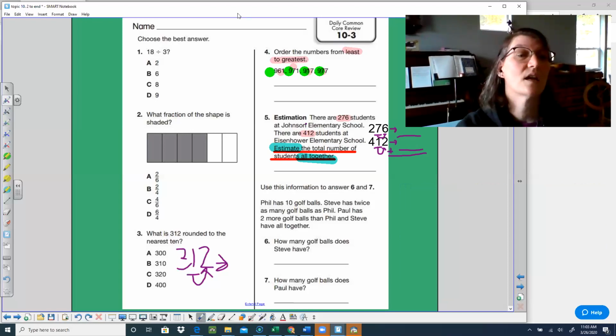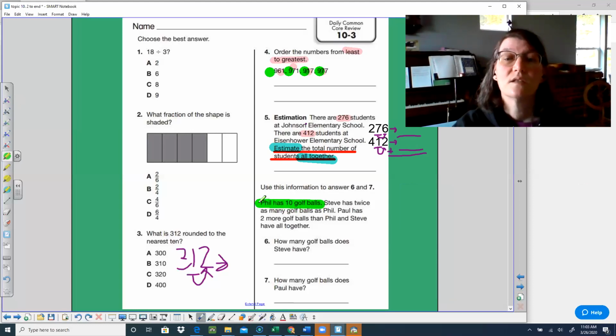Phil has 10 golf balls. So let's make Phil green. Steve has twice as many golf balls as Phil. I'm going to make him pink. I'm not going to highlight everything in that one, just the important information.